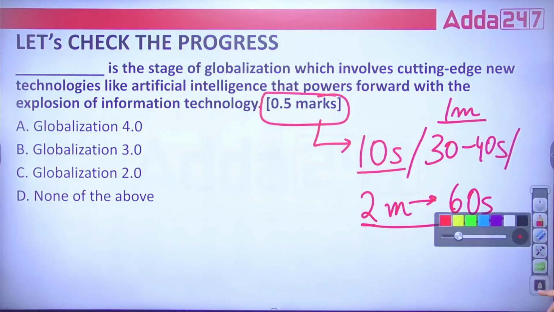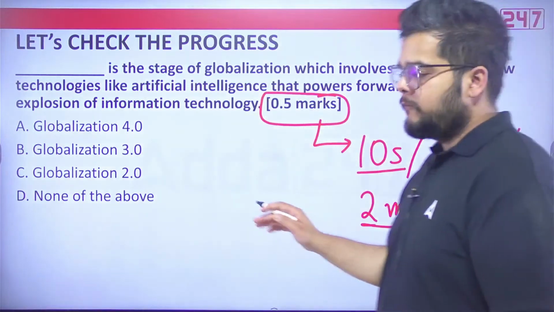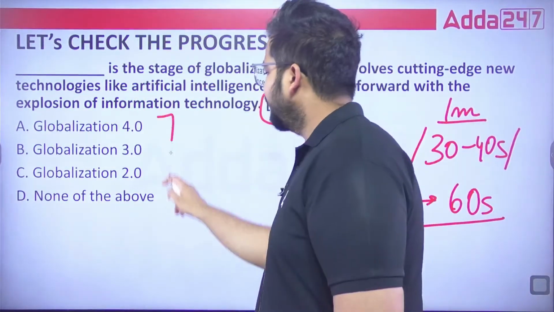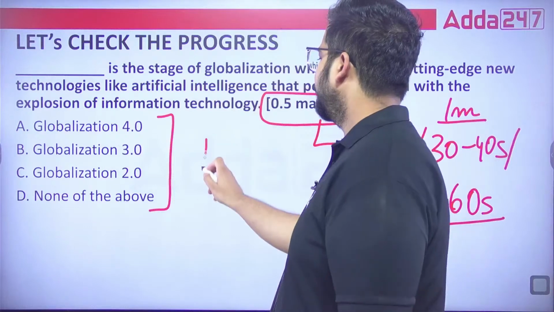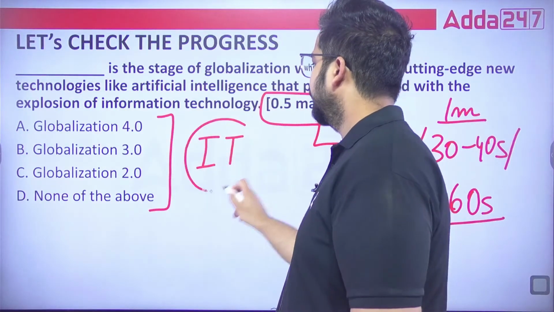Indirectly, the question is asking us, which of the following globalization took place after the IT revolution?